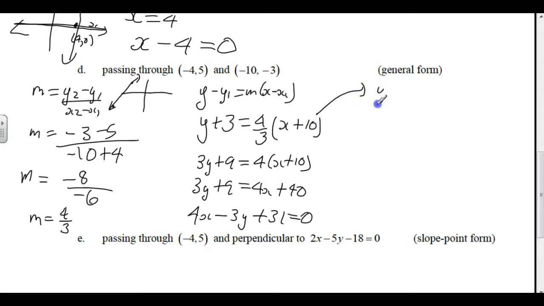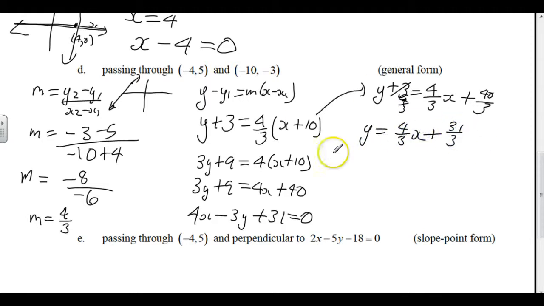Alternatively, you could have expanded, so 4/3 x plus 40 over 3. You could have said this is 9 over 3 and gone y equals 4/3 x plus 31 over 3. So in other words, go into slope y-intercept form, then multiply through, and then move over the y.